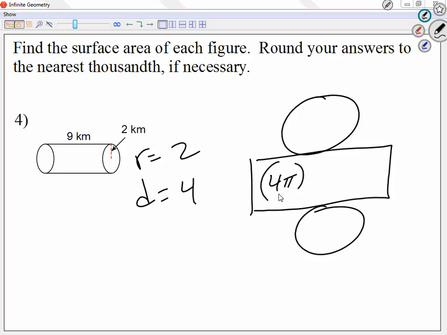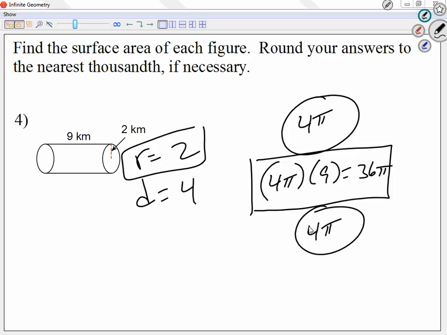I'm using diameter. So 4 pi times 9, which is 36 pi. Since the radius is 2, multiplied by itself, 2 times 2, so each circle will be 4 pi. So you should finish with 44 pi.